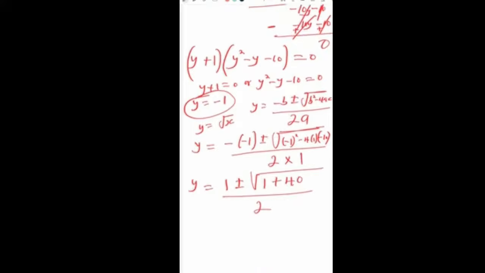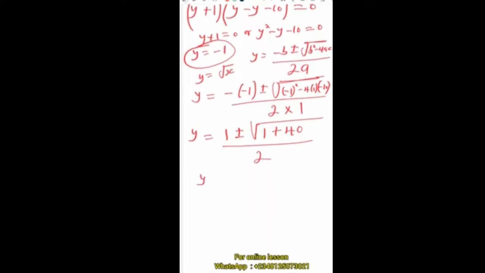So now we then have y equal to 1 plus or minus the root of 41 all over 2. So that is the value for y.